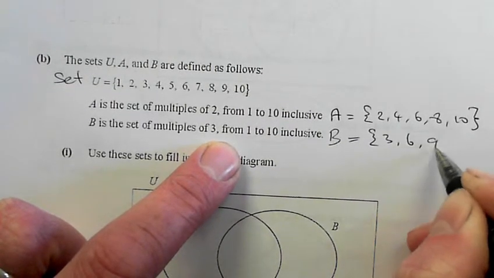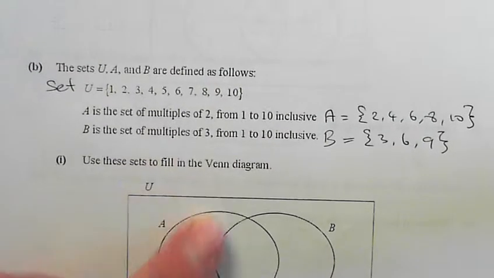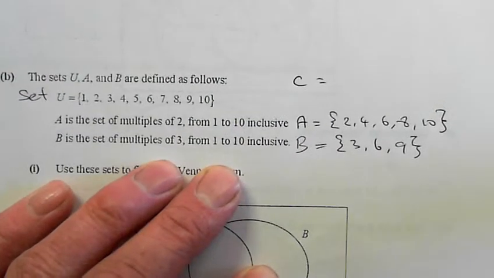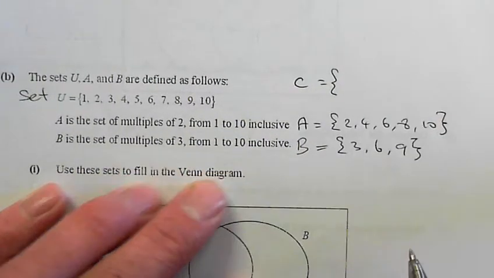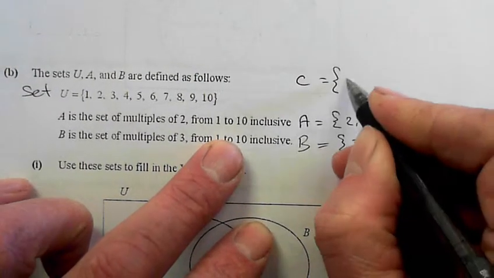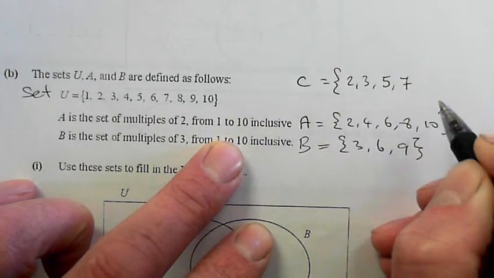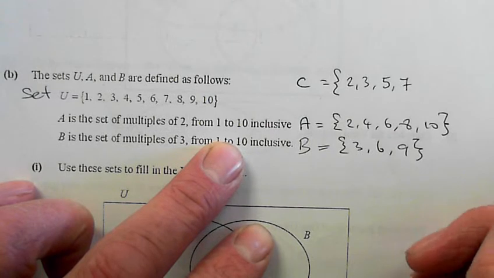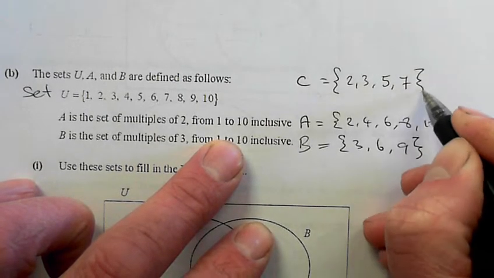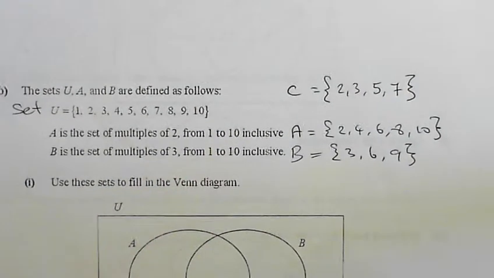That's it. If I was to ask you, I'm just going to make up another set for myself. The set is the prime numbers from 1 to 10. Prime. 2, well done. 2, 3, 5. 9 is not, because 9 is divisible by 3. That's it. Well, from 1 to 10.